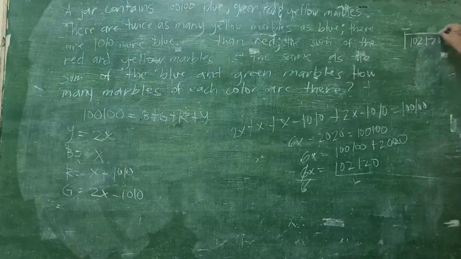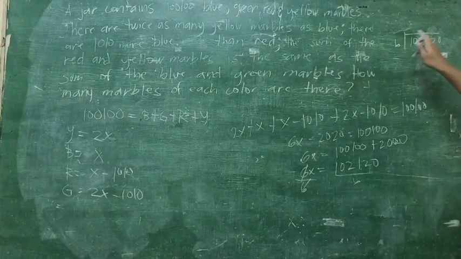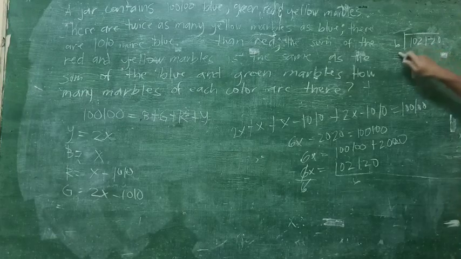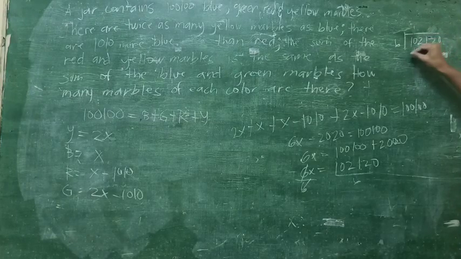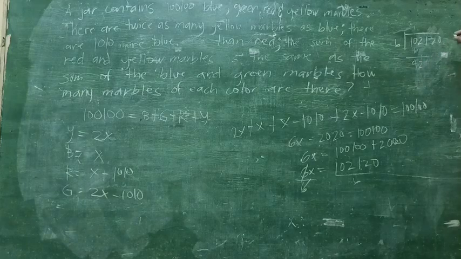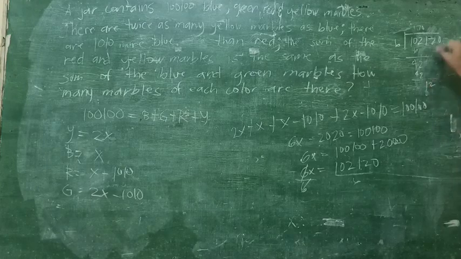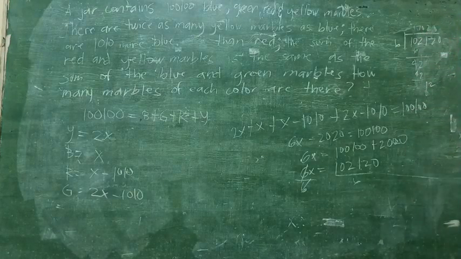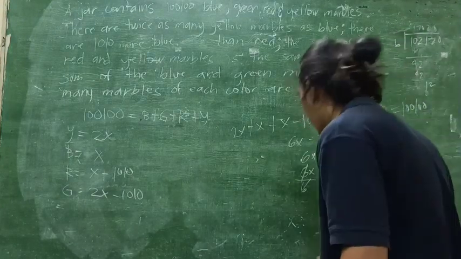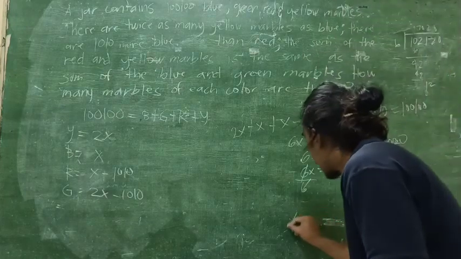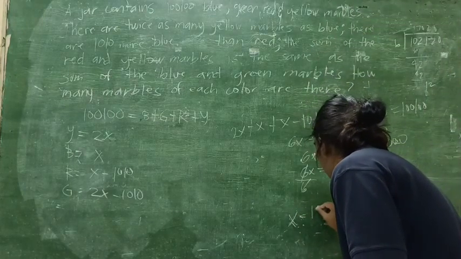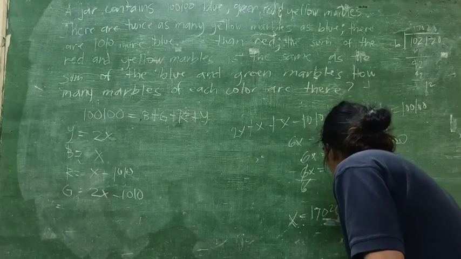102,120 divided by 6. So the value of our x is 17,020.